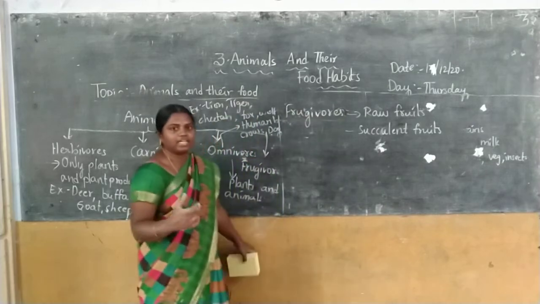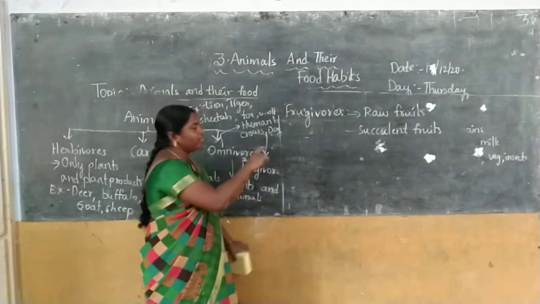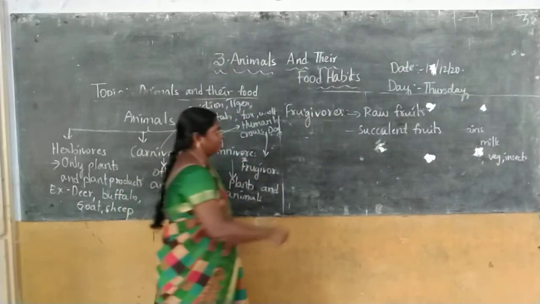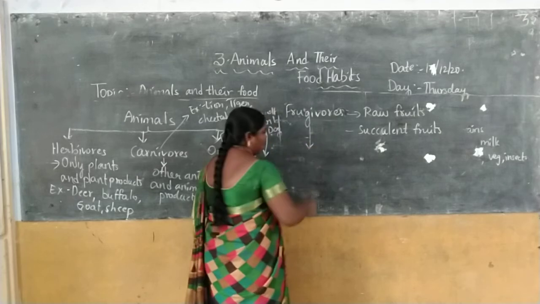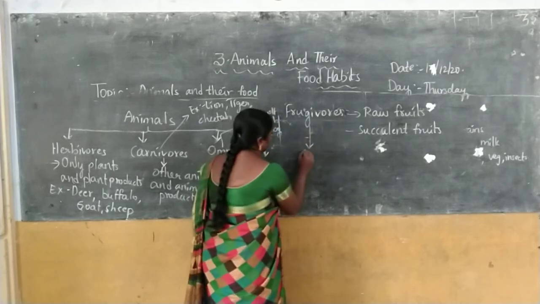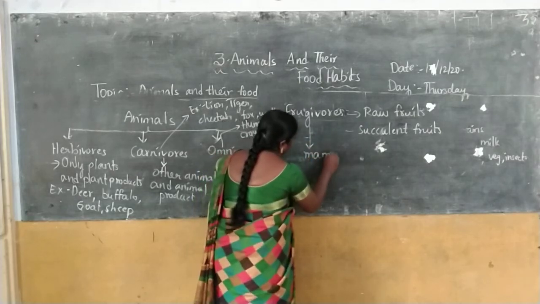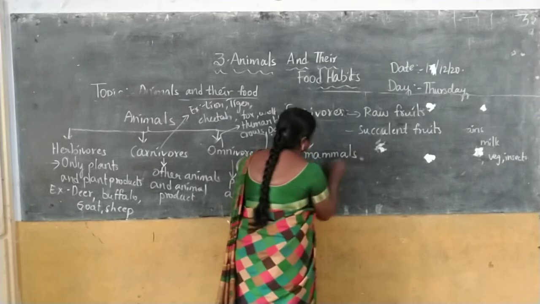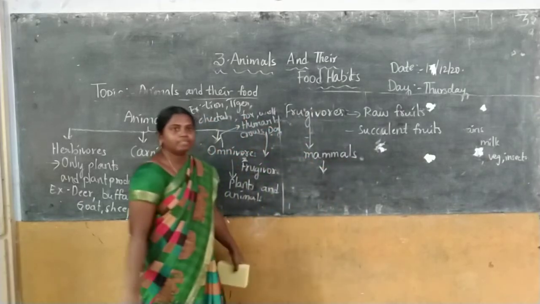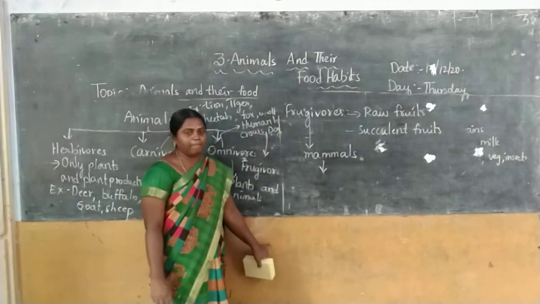All the fruits that contain the juice. So which kind of the animals they are? The frugivorous animals. These frugivores are the animals that eat the raw fruits. They are all the mammals. What is the meaning of mammal?